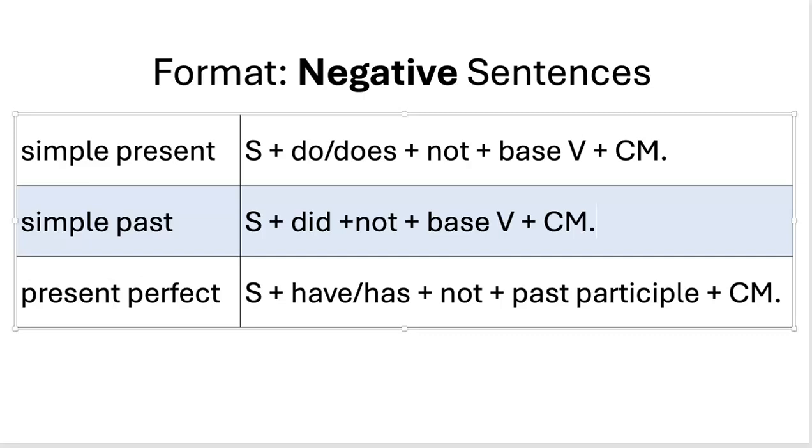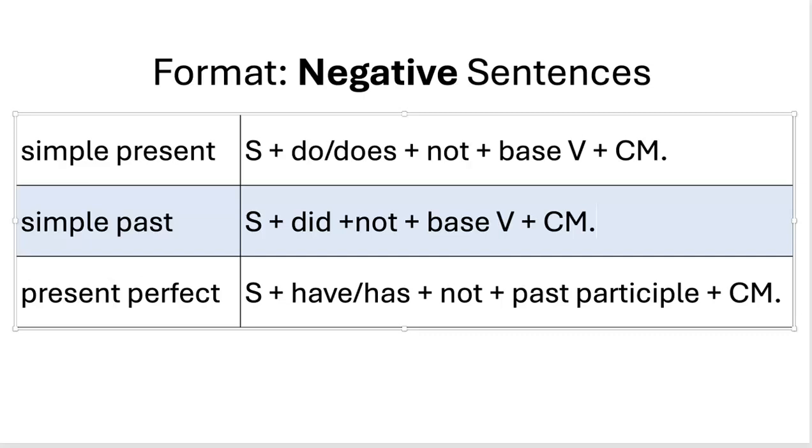We have subject plus do or does plus not plus base verb plus complete meaning for the simple present. The simple past, we just change do or does to did. Everything else is the same. Now, with the present perfect, we have the subject plus have or has plus not plus the past participle.